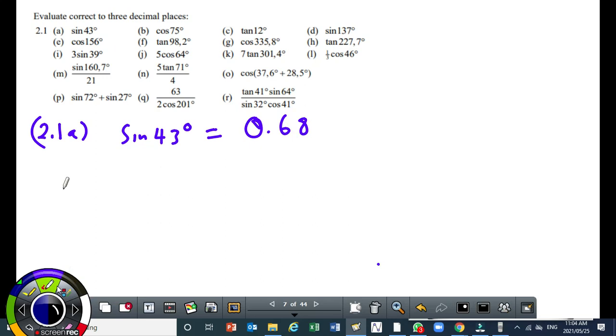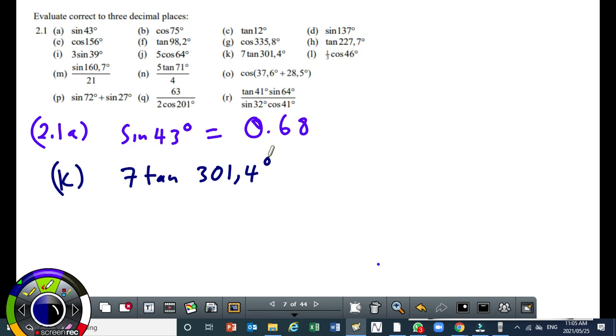K. So K, we have 7 times tan 301.4 degrees. So this one, I don't know where I could have gone wrong, but I got the answer of negative 0.83 for 2.18.